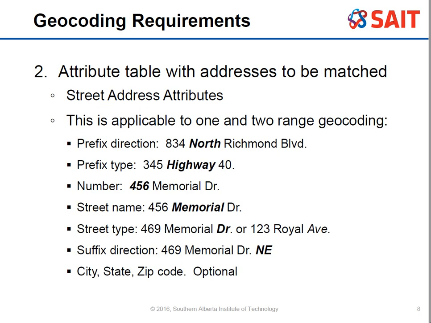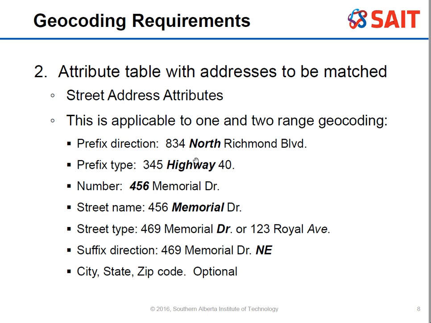Then the second geocoding requirement that we have is the attribute table with the addresses. So the street address attributes are kind of the important thing. And this is really applicable to one or two range geocoding. So we can look at prefixes. For example, if some cities have a prefix at the front, then we have prefix types.